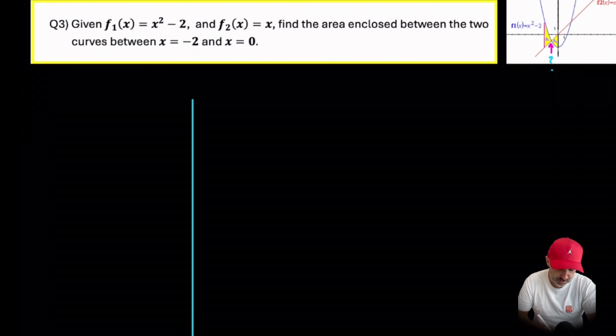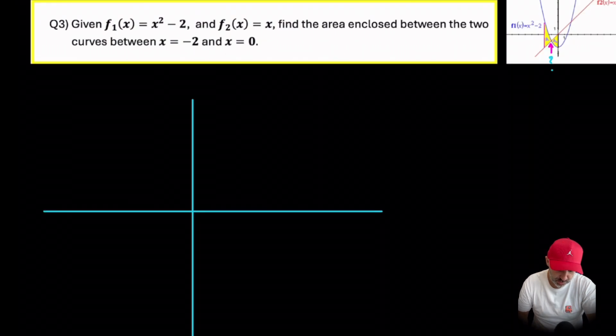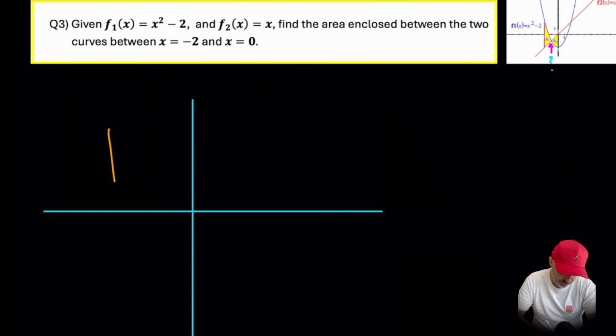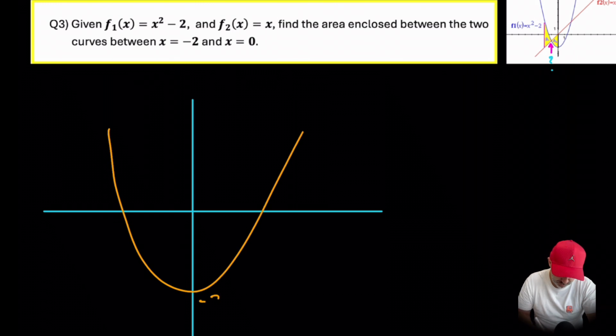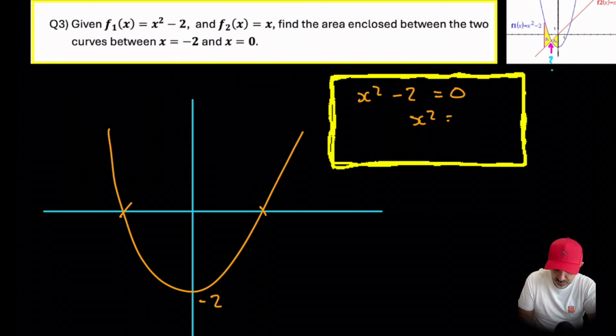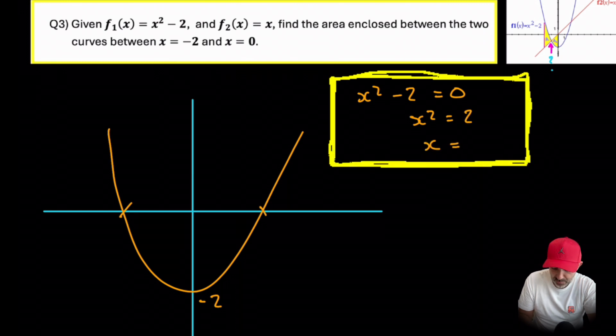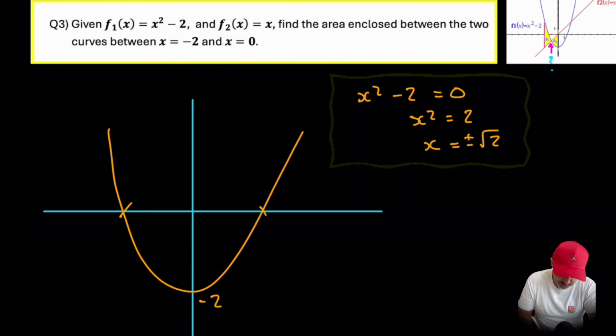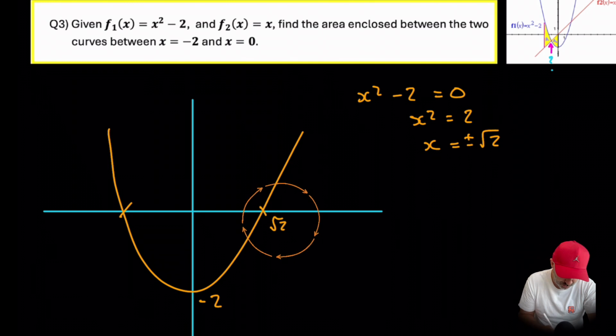manually. So let's go. So x squared minus 2 is the concave up quadratic passing through -2. Let's go ahead and just put -2. The intercepts here and here, well, if we let this x squared minus 2 equal to 0, so x squared would equal to 2, so x is equal to plus or minus root 2. So these intercepts are either plus root 2 or minus root 2.